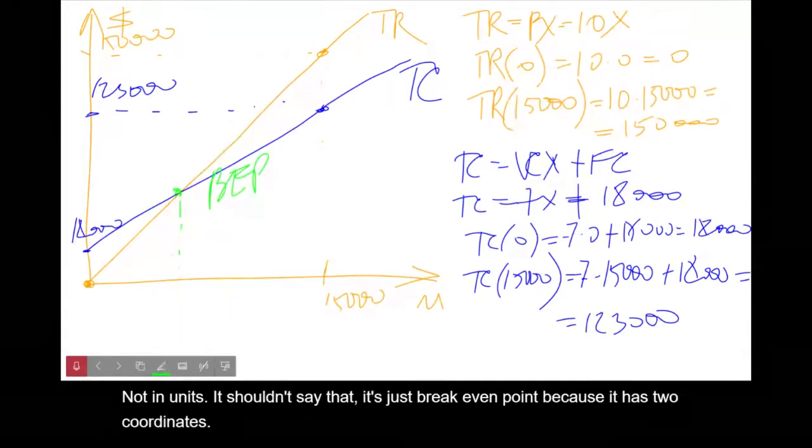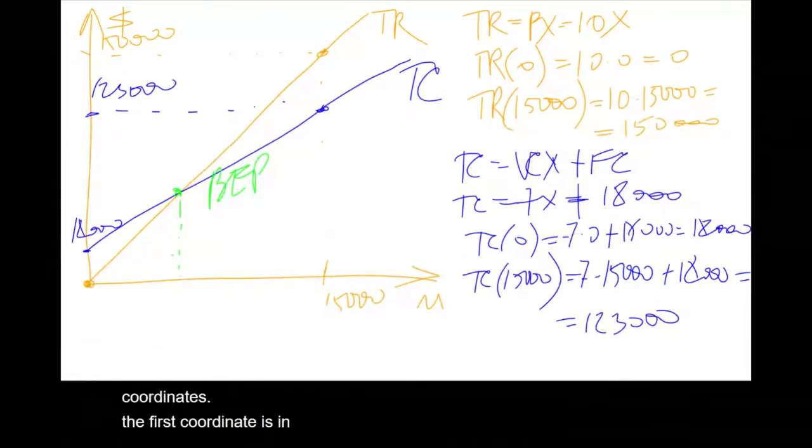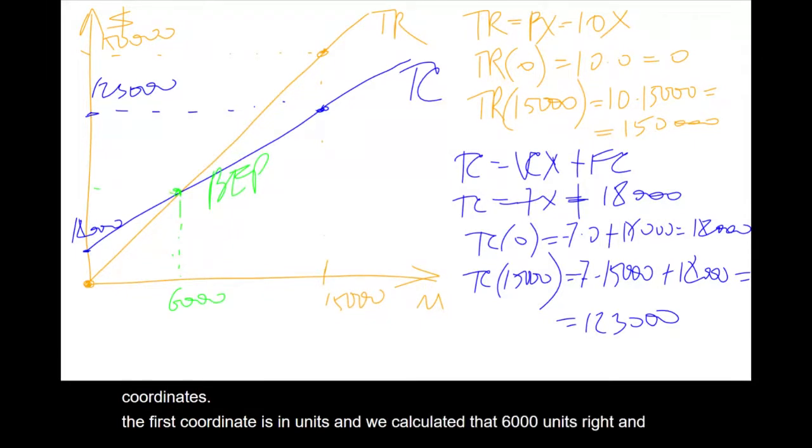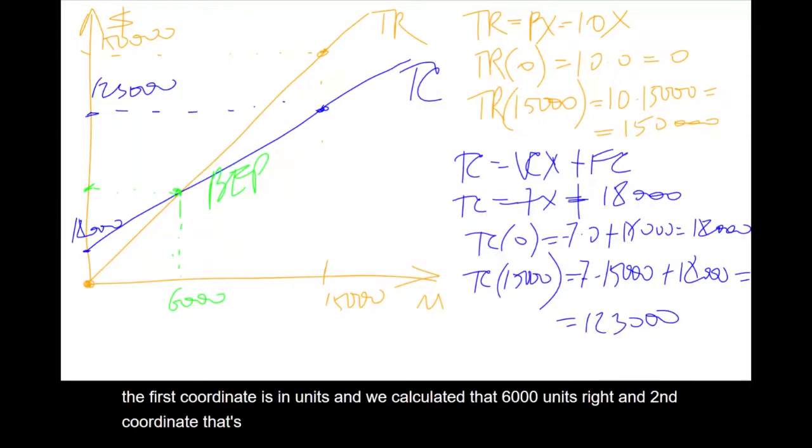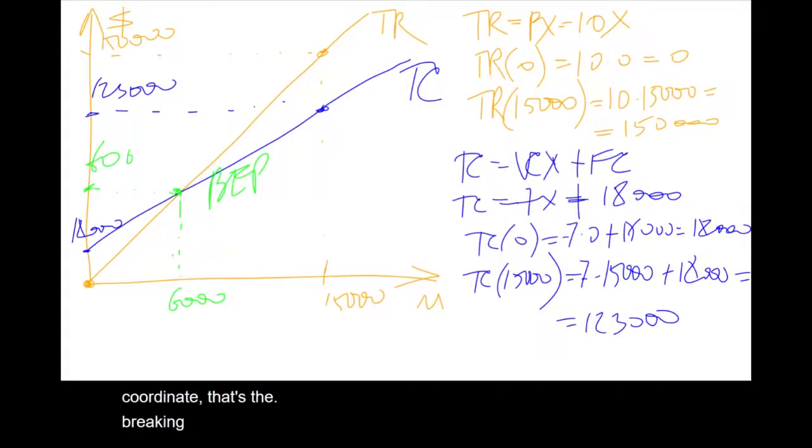The first coordinate is in units, 6,000 units, and the second coordinate is the break-even point in dollars, $60,000. So now we have the detailed break-even chart built.